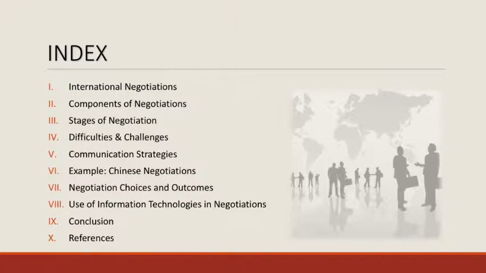So, I will now show you the topics that I will cover. First, I will start by giving general information about international negotiations. Then, I will go on with the components and the stages of negotiation. After that, I will tell you the difficulties and challenges, and then I will move on to the communication strategies.